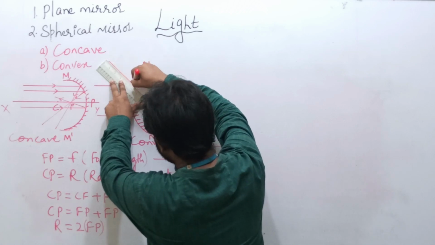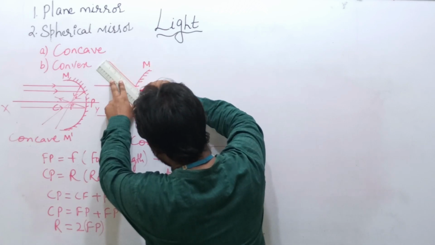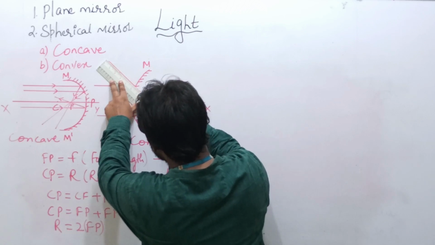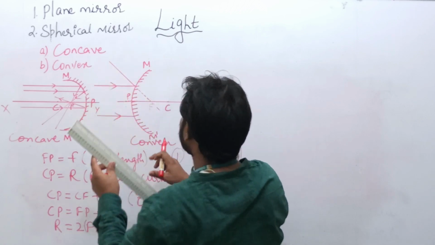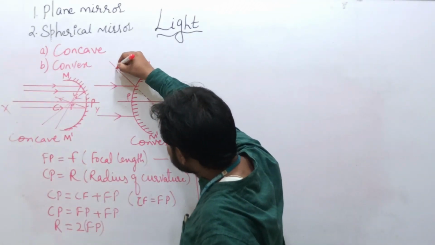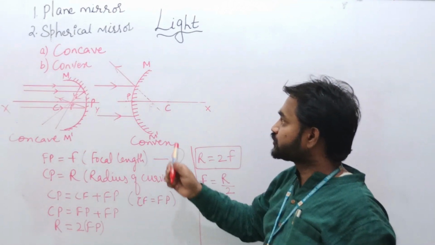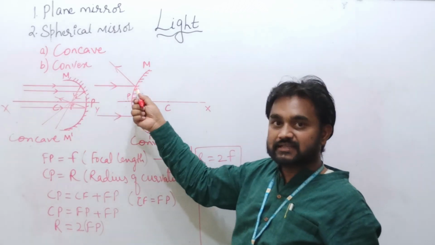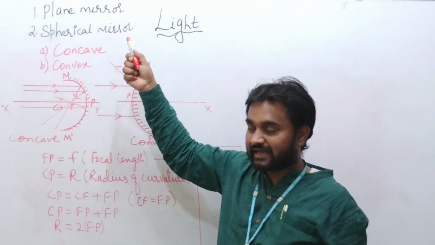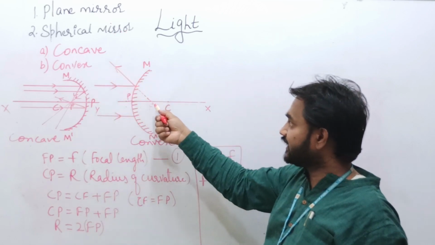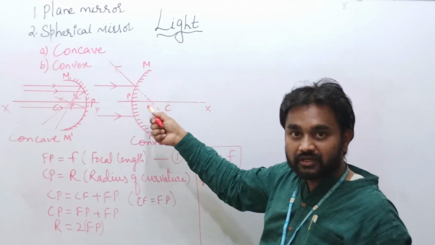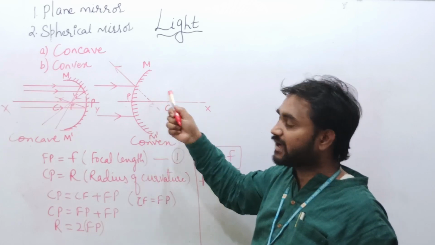When I extend those lines behind the mirror, they appear to meet at F. So this is the reflected ray. As the light is incident on a convex mirror, it is reflected and diverged, and when you extend that line, you find that the reflected ray appears to meet at F.